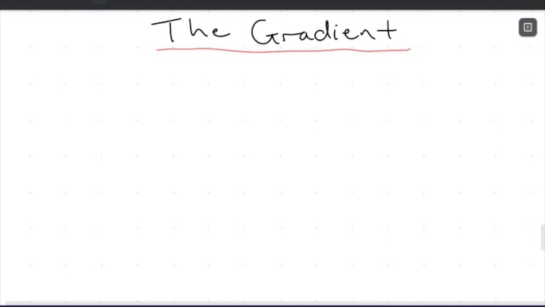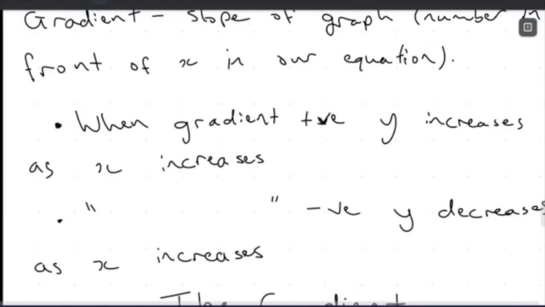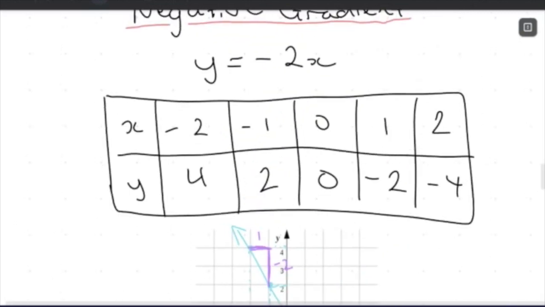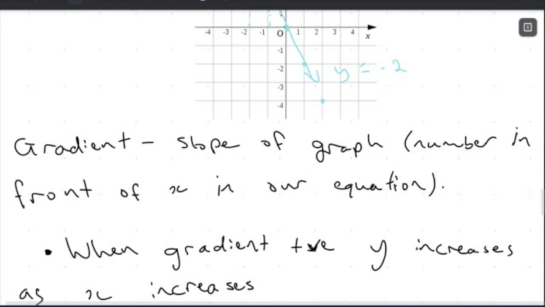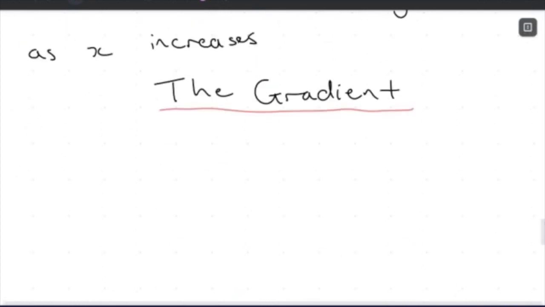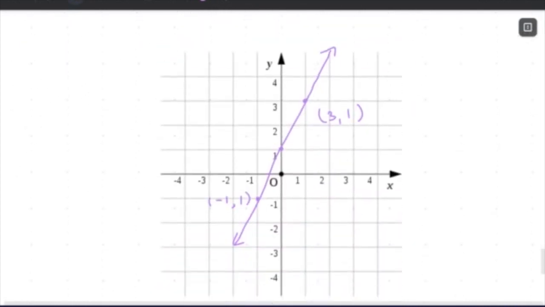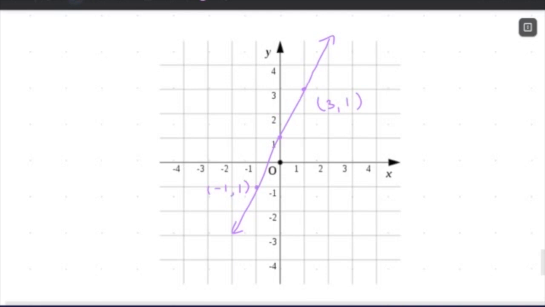So what we're going to look at here is an example where instead of just giving you the gradient, which we can read off in the equation, sort of like how I did here, I'm going to give you a slightly more abstract question. I'm giving you a graph here that passes through 2 points, and we want to find what the gradient is in the first place.